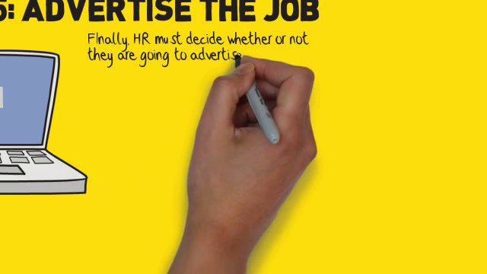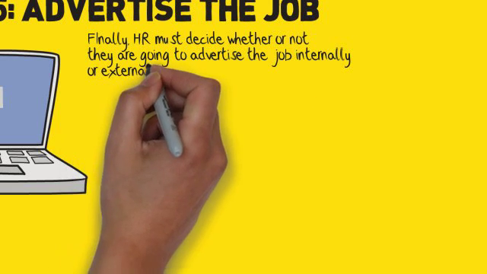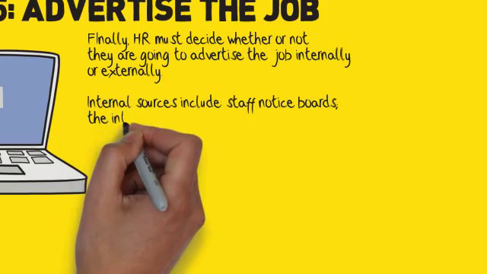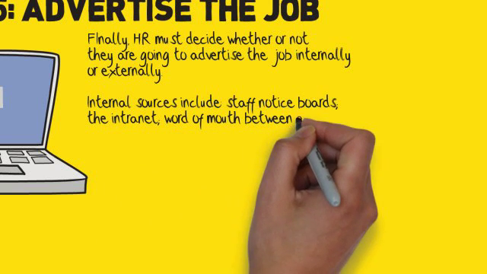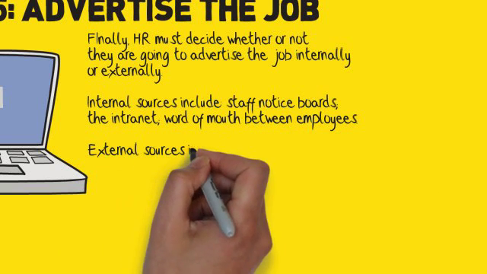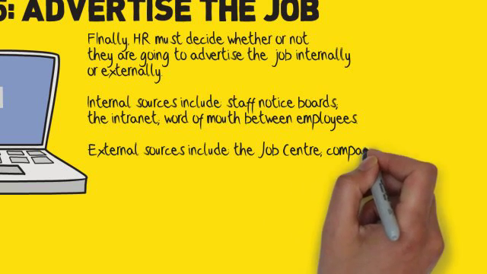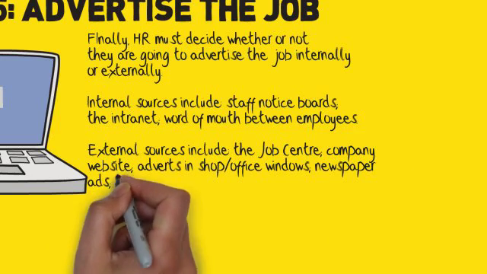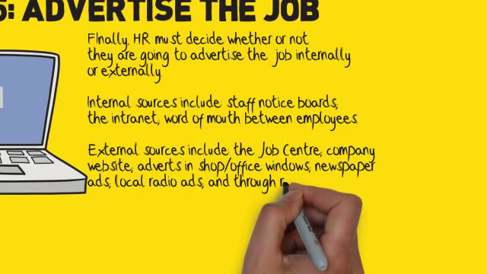The business will consider some places like the job centre, the company website, a recruitment agency as some external sources. Or perhaps internally, word of mouth, maybe through an appraisal with a manager, or word of mouth through colleagues speaking on their breaks or within their team.